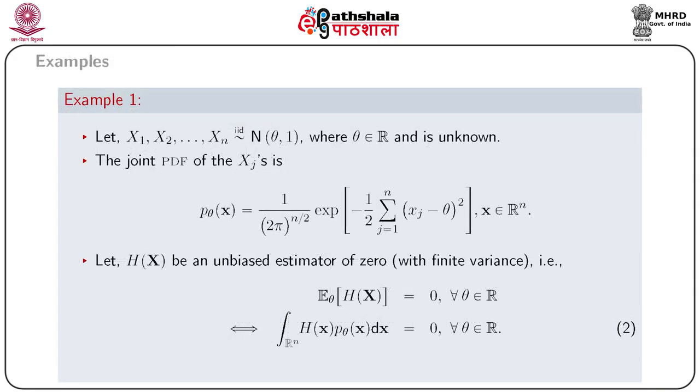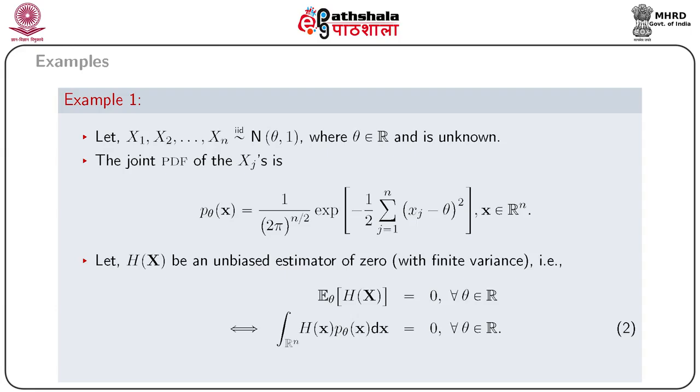Let us consider some examples. Example 1. Let X1, X2, ..., Xn be IID normal random variables with mean θ and variance 1, where θ is unknown. Suppose we want to find a UMVUE of θ.